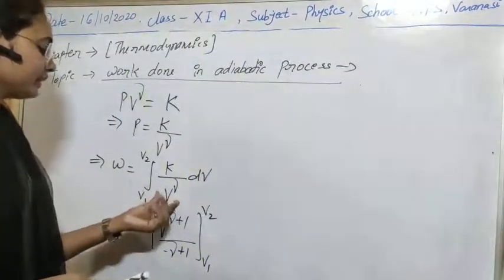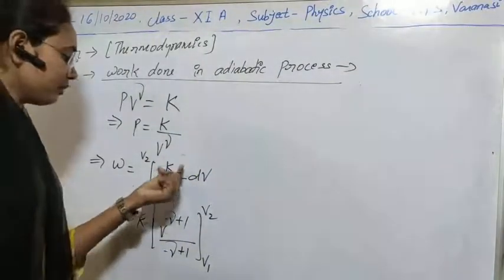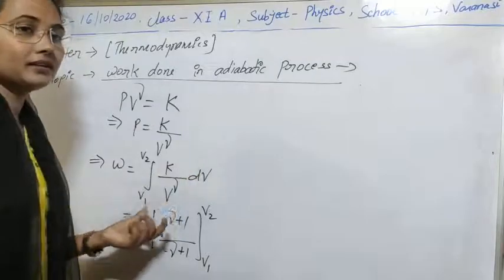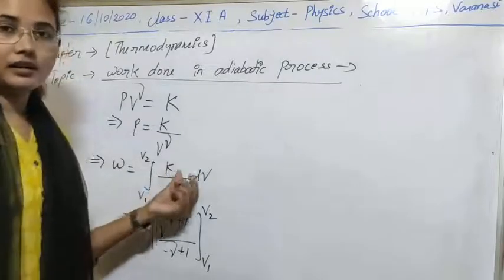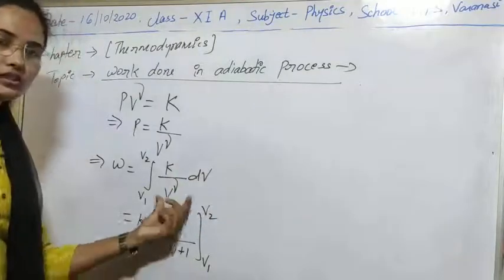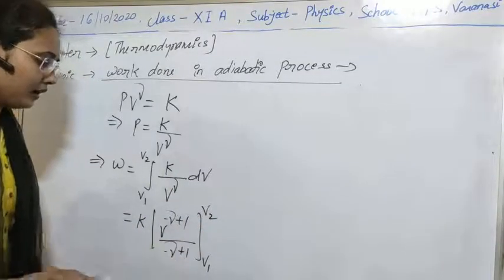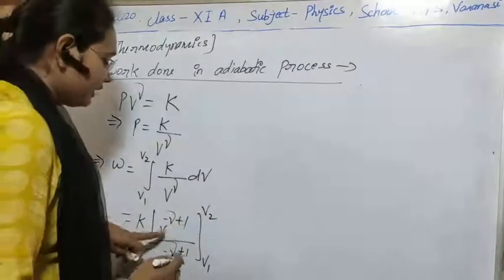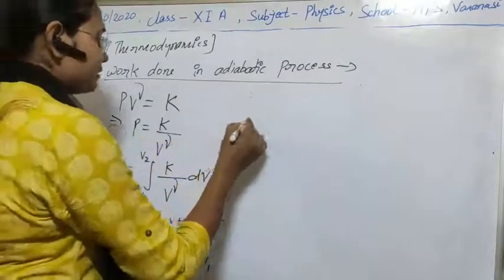We have to integrate it. We can solve it by taking V power minus gamma, and as you know, the integration of x power n is x power n plus 1 upon n plus 1. So through this we can solve it. Now let's put the value of V here.